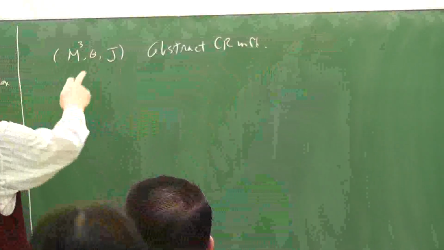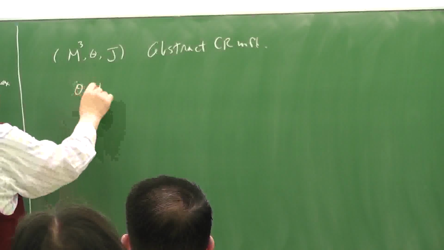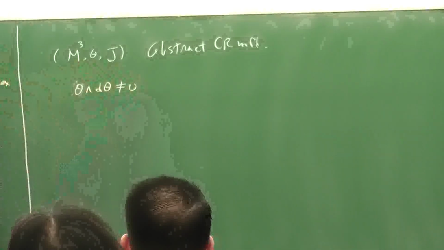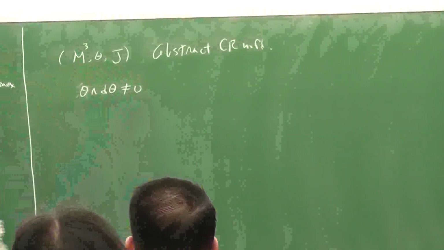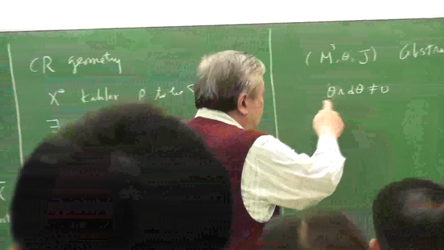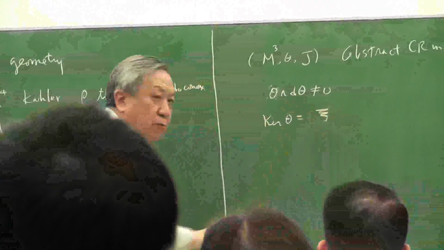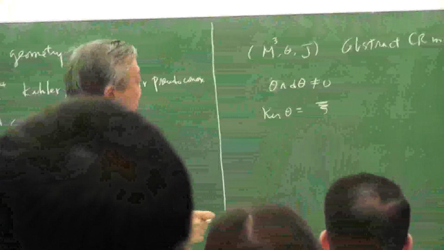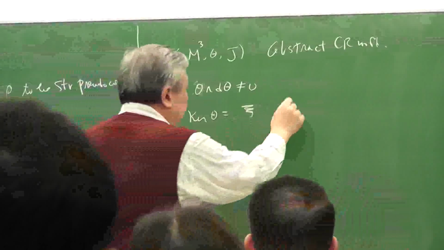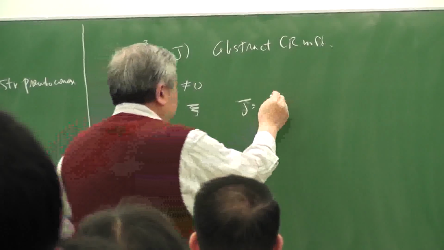So contact form means that d theta wedge d theta is never zero on all of the insertions. That's certainly the case if I'm looking at the situation. And then the kernel of theta is a two-plane distribution. So we want J to be the almost complex structure of the kernel.